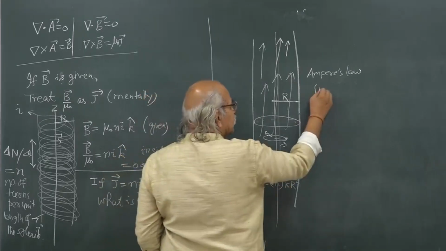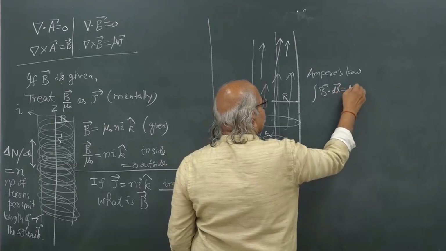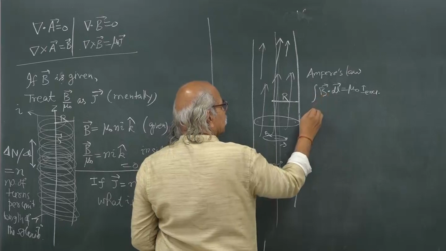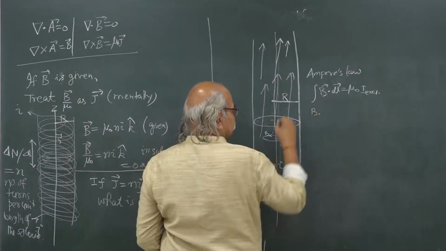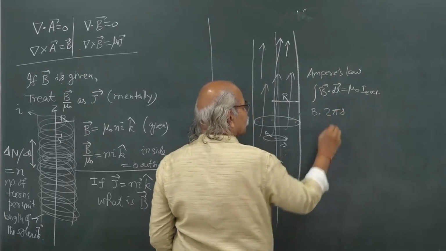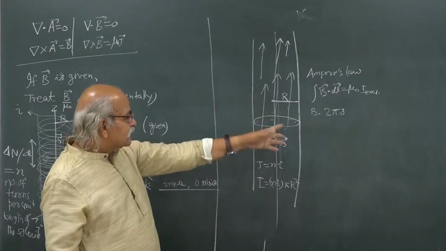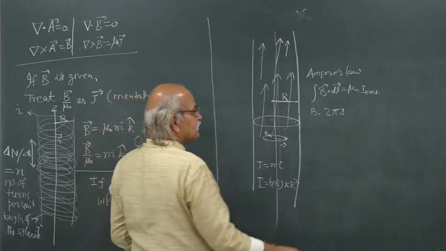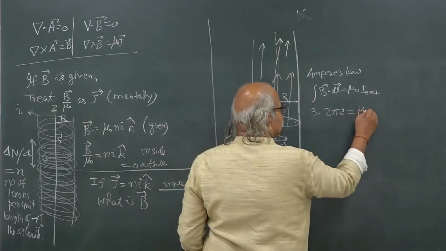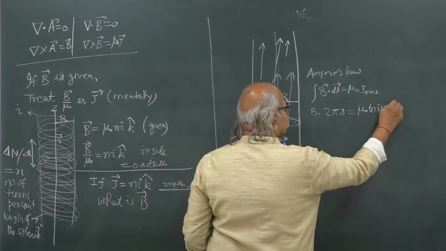This is B dot dl is equal to mu naught I enclosed, and then this will be B into the periphery 2 pi s. I am skipping all those arguments of symmetry that this is in phi cap direction and not in s cap direction, not in k cap direction, etc. We have done it in this course itself, and this side it will be mu naught Ni times pi s square.